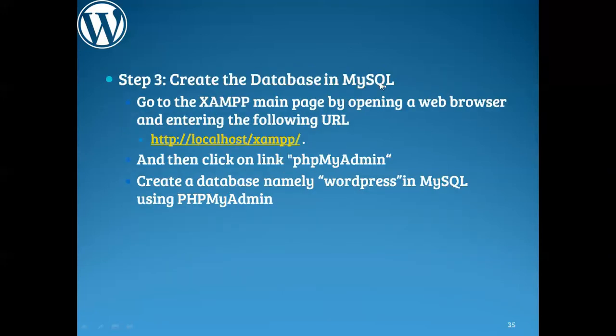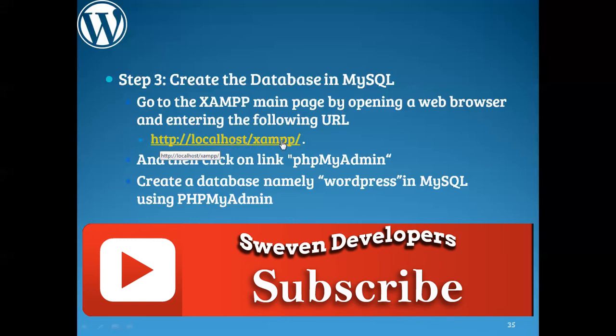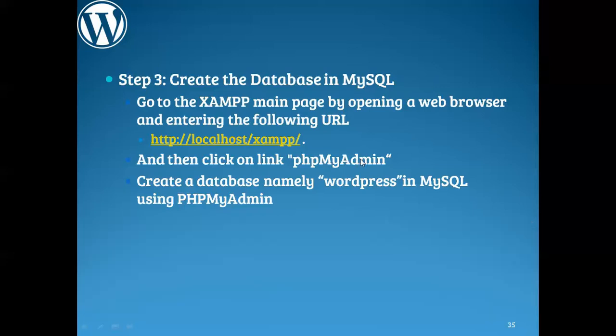Create a database in MySQL. Go to the XAMPP main page by opening the browser and entering the following URL: http://localhost/XAMPP. It will show you phpMyAdmin on the left-hand side, lower bottom. Create a database named WordPress, or as you want to name it.